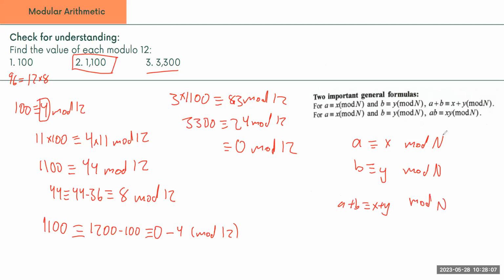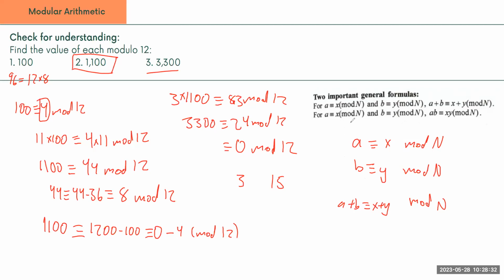These mods have to be the same in order for you to do this, right? If one is 3 and one is 5, obviously it's not going to work. So it's the same thing as equality, just more general, because, for example, in mod 12, you could add 3 to one side and 15 to the other side, because they're technically the same thing mod 12. So that's just something to keep in mind.